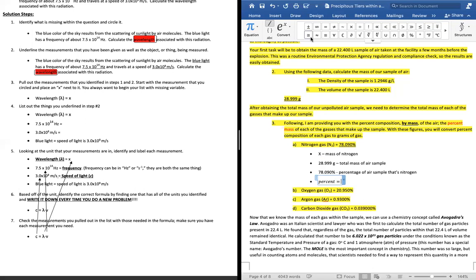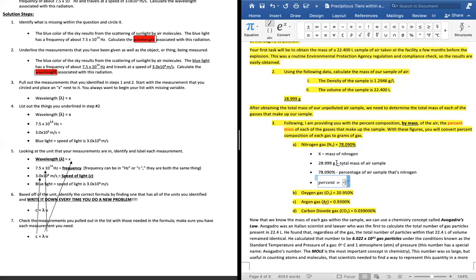Percent is always equal to the part of something divided by the total. And to turn it into a percentage, percent means per 100, so I just have to multiply by 100. Again, it doesn't make any difference what you're calculating a percentage of. It's always the same. There's step 6. I wrote the equation down.